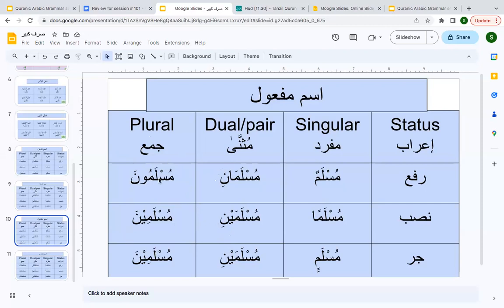Muslimuna. No. Now, Sister Sabra, when we were learning our Muslim chart, there was a fact that I told you guys, that the Muslim masculine plural table is reserved for blank, with some exceptions. Anyone remembers?